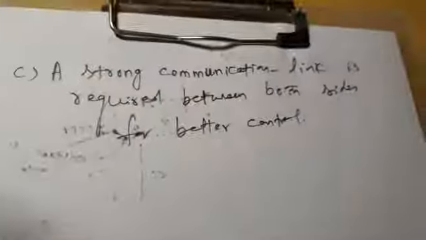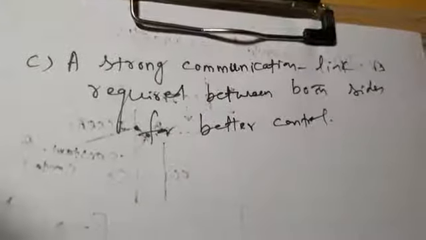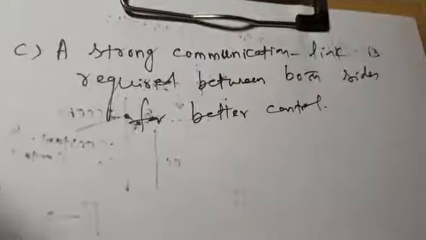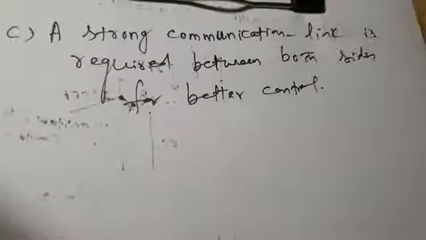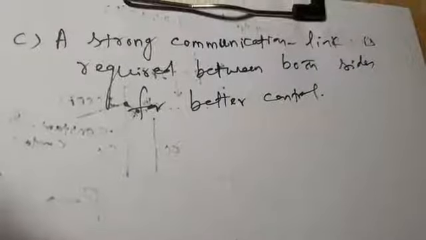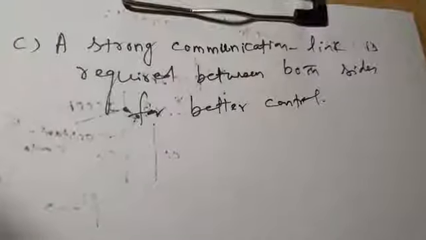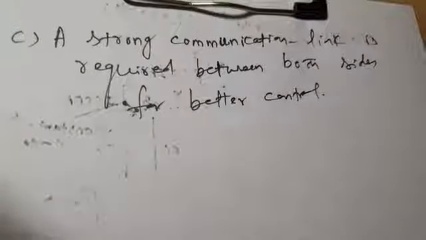That means if you go for power control instead of voltage control or current control, for better power control, you need a strong communication link between the two converting stations. And it is possible that your converting stations may be hundreds or thousands of kilometers away from each other. Then it will be very difficult to maintain this strong communication link between the two sides. So this is another problem.